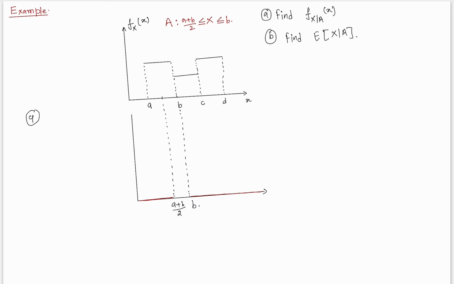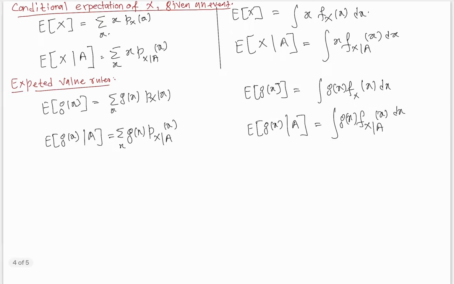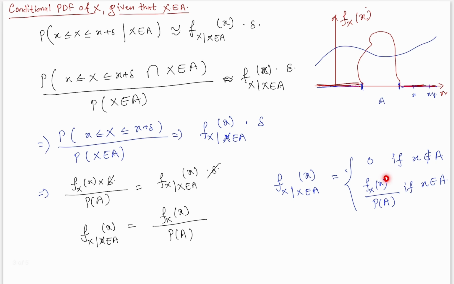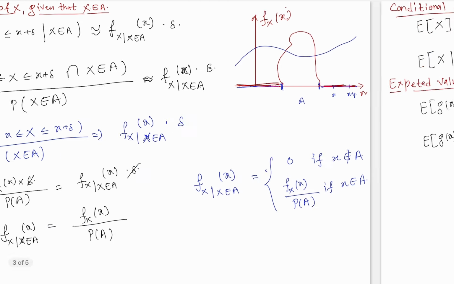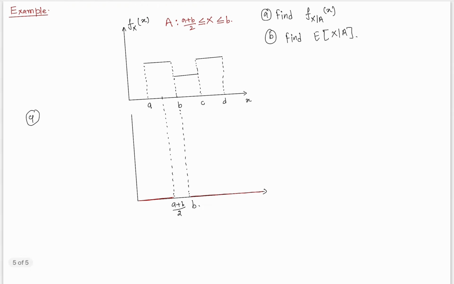Within this conditional universe, what will be the probability? The PDF would be the same, but it would be scaled by some number. Within this range the unconditional PDF is constant, so it will again be constant, but we don't know how much it has been scaled.